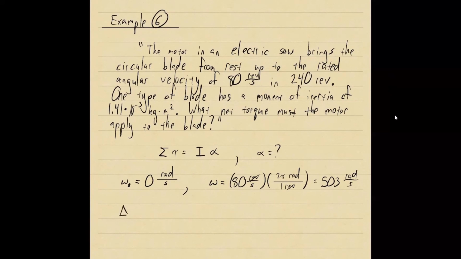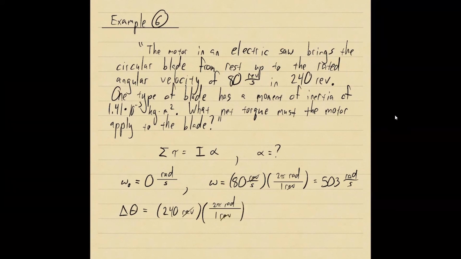So next, we know that the angular displacement of this thing is going to be 240 revolutions, right? It spins around 240 times. And just like with the final angular velocity, we need to convert this from revolutions to radians if we want to use it in our equations. So this is going to be 2 pi radians in 1 revolution.